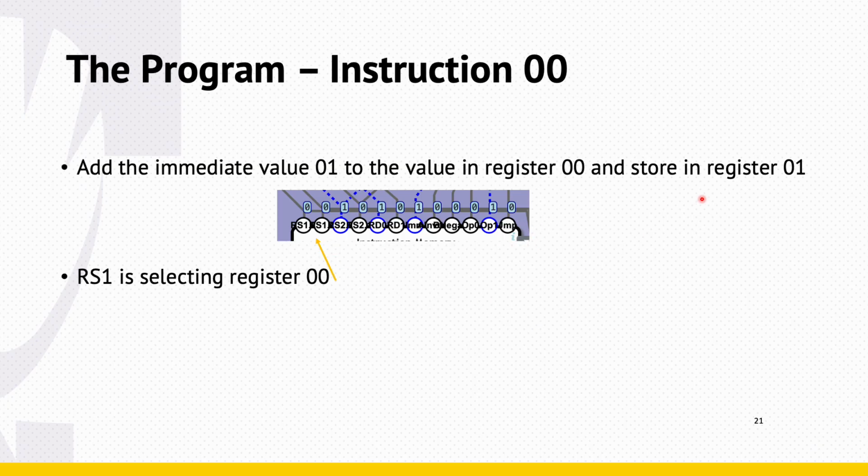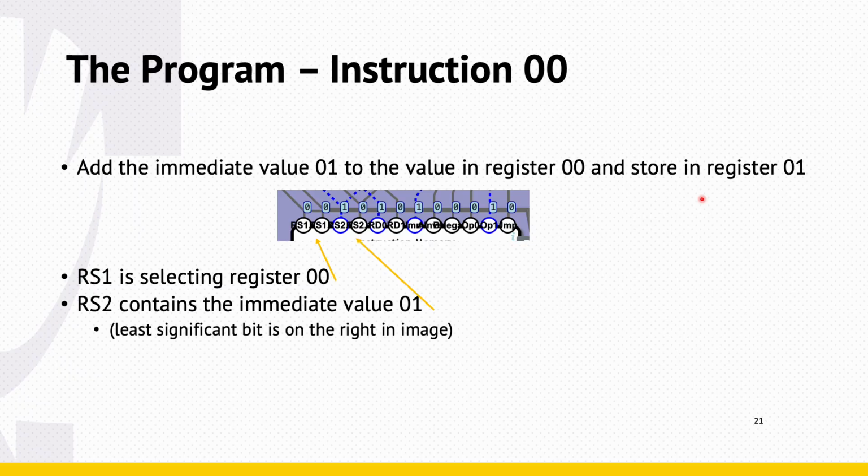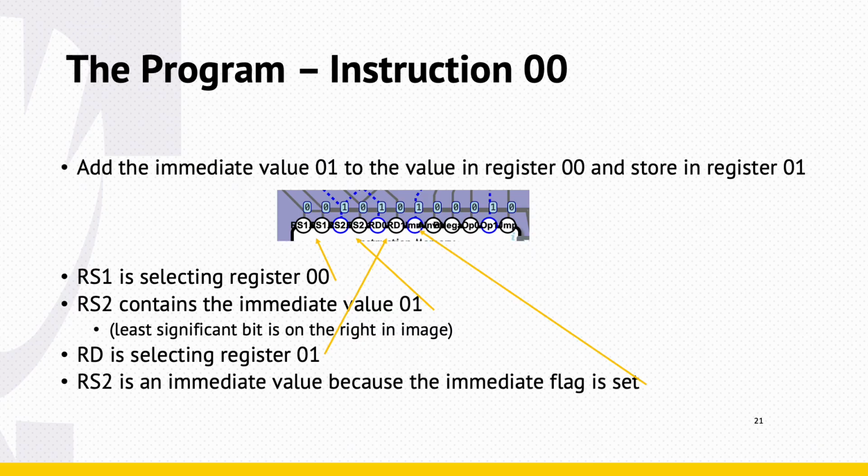So this is our RS1 selection. This is our RS2 selection, which is, remember, the least significant bit is on the right, or the most significant bit is on the right. And then we have RD being selected here.